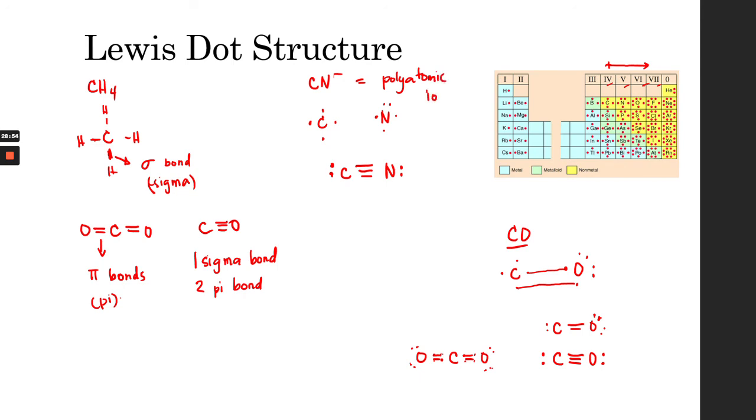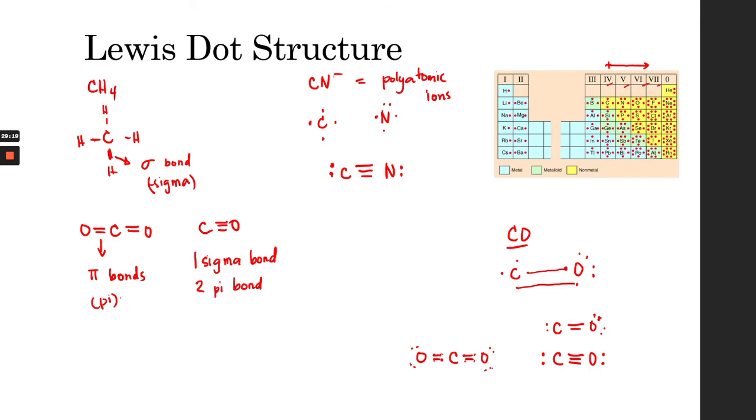And polyatomic ions, we'll discuss next in our lesson 3.3, just a little bit about polyatomic ions. Okay, so if we have a test for the Lewis structure, it's just going to be basic Lewis structure, nothing really out of the normal.